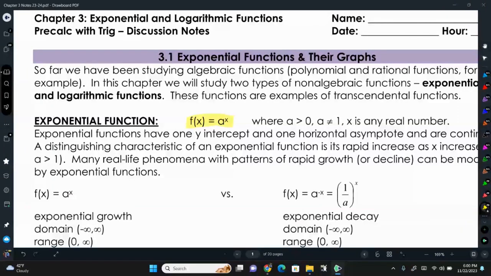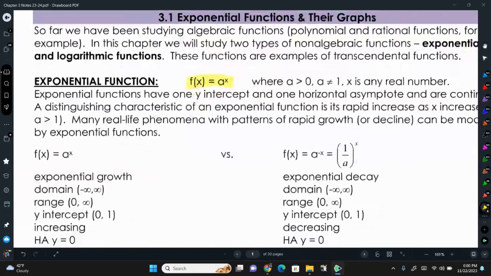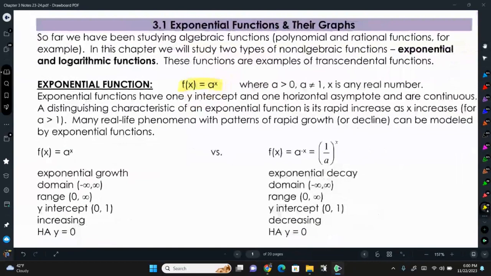power. So your variable is now in your exponent instead of in the terms of the equation. We have two types of exponential functions.